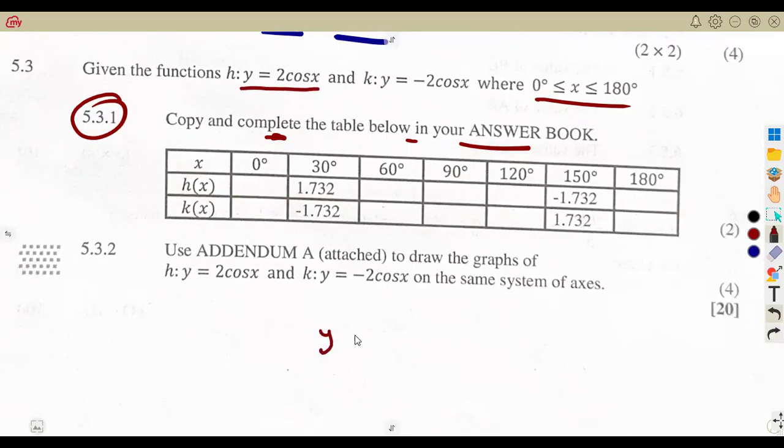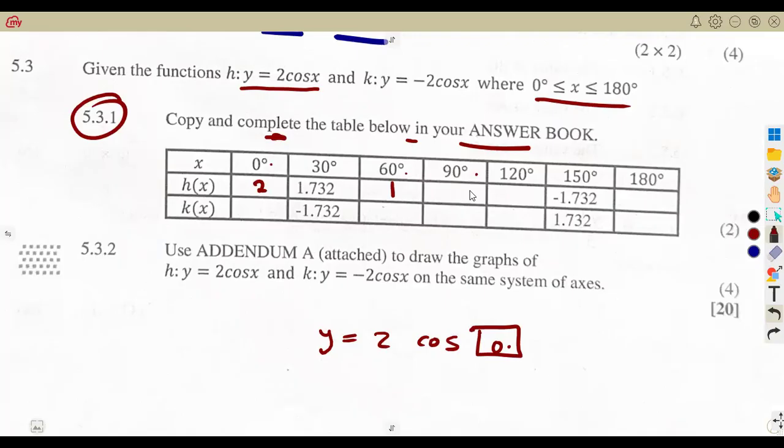So we're just substituting on your calculator. Make sure that your calculator is in degree form. You're just substituting in place of x. You substitute a 0 there, and the values that are given. If you substitute a 0, it gives us a 2. If you substitute 16, it gives us 1.